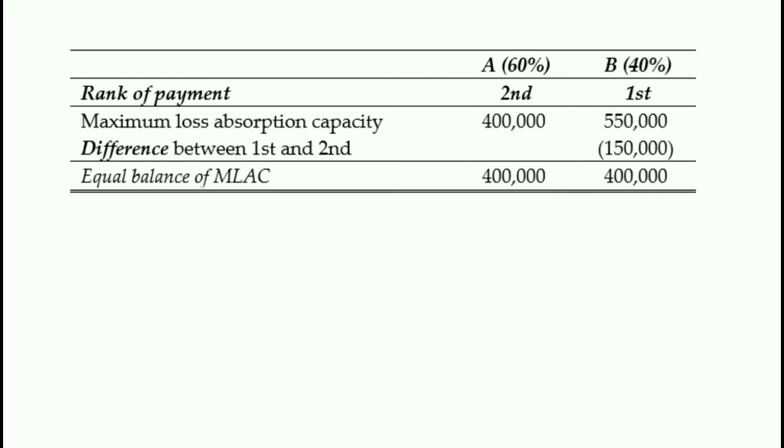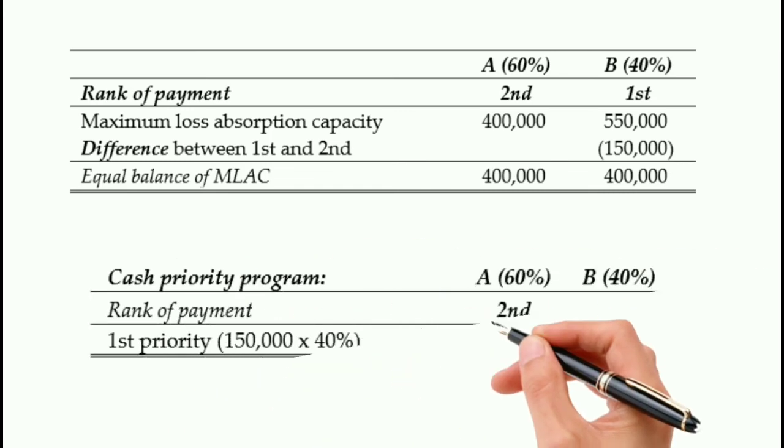Ang MLAC ni A ay 400,000 pesos at ang MLAC ni B ay 550,000 pesos. As you can see, merong difference na 150,000 pesos. At yung difference na 150,000 pesos, yan ay i-deduct sa MLAC ni partner B. After getting the difference, we can now compute the first cash priority.